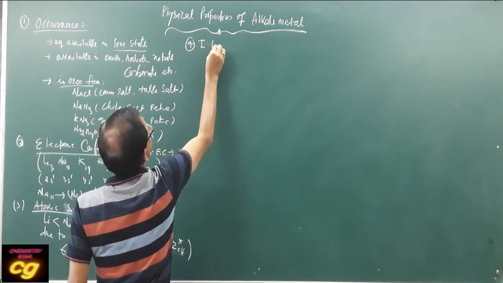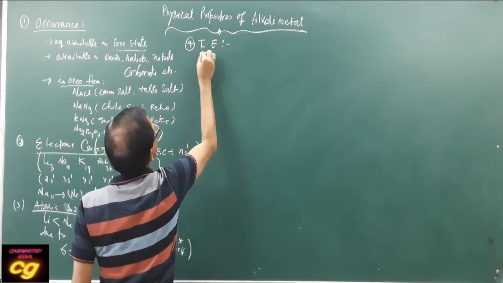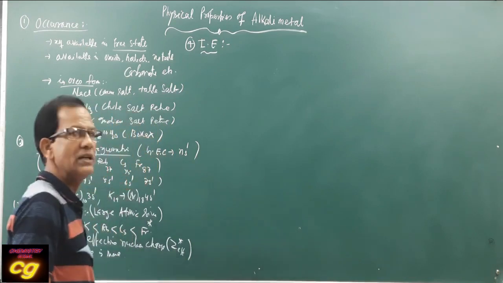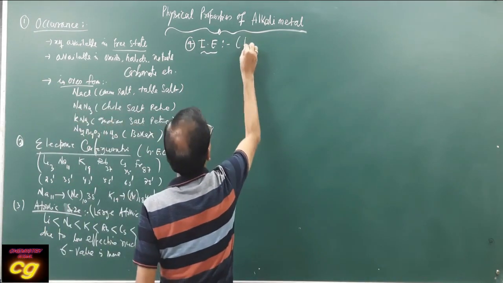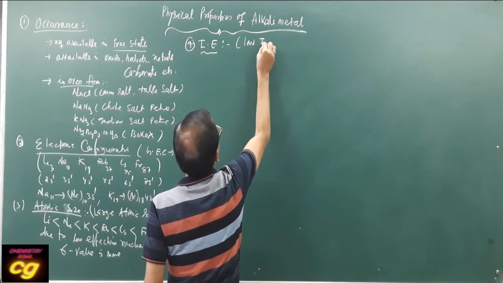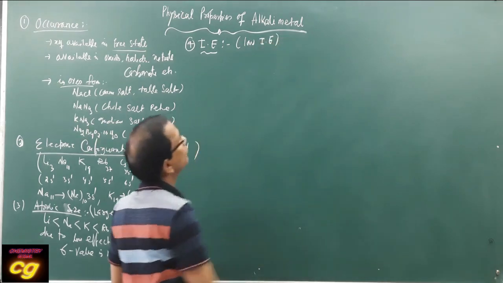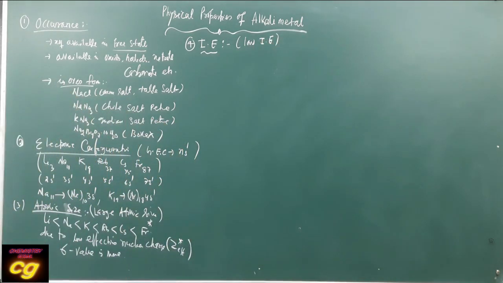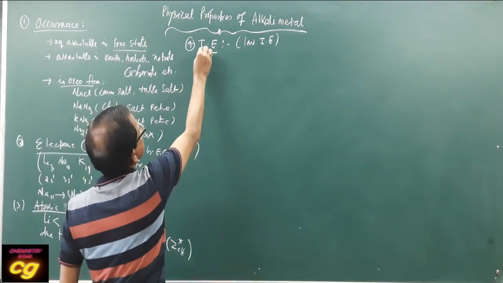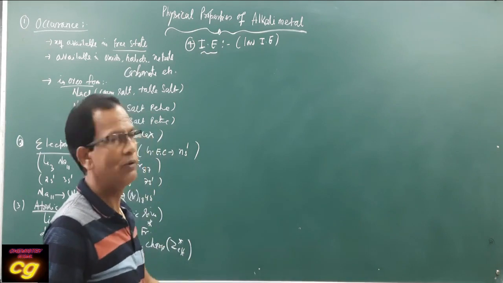Ionization energy. Compared to other metals, alkali metals have low ionization energy.